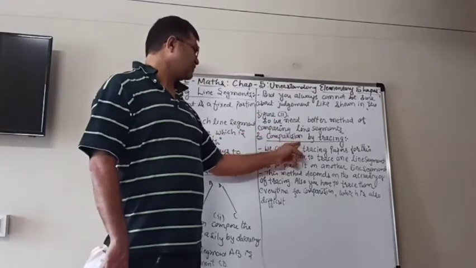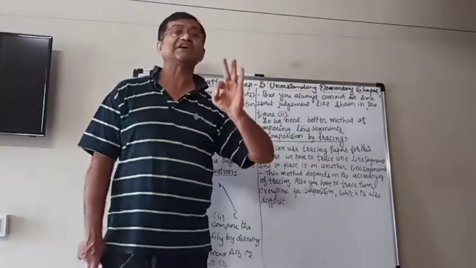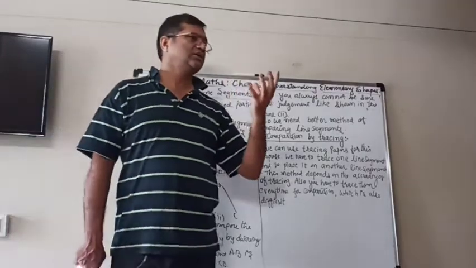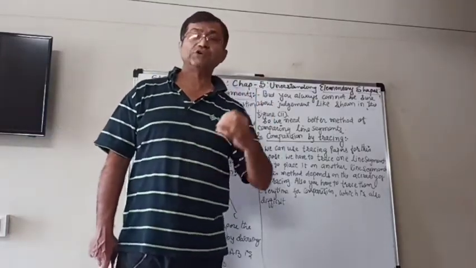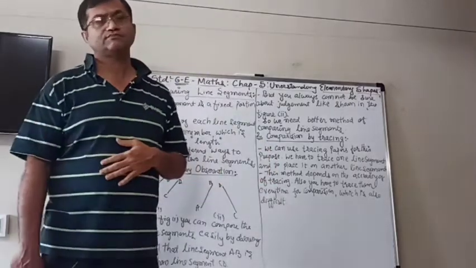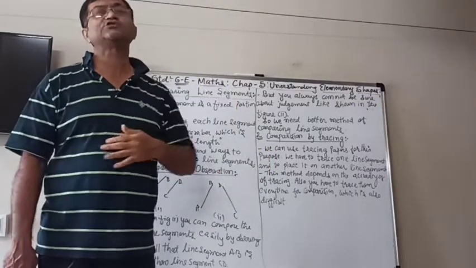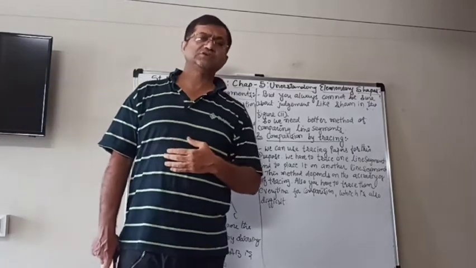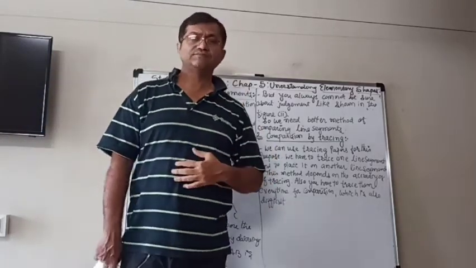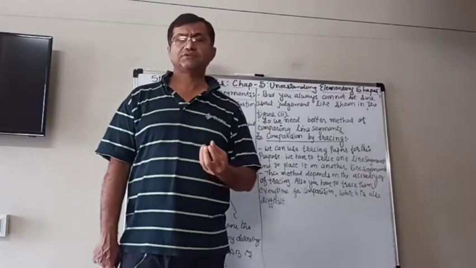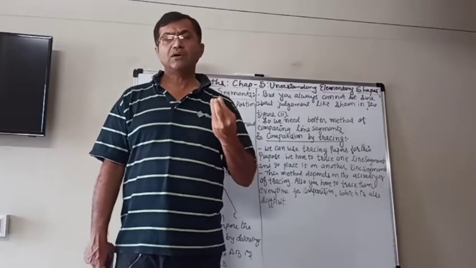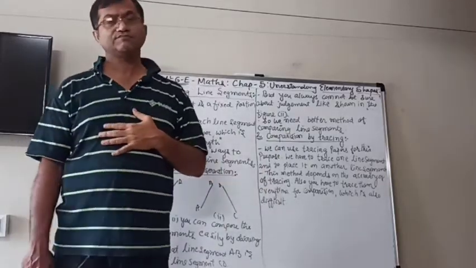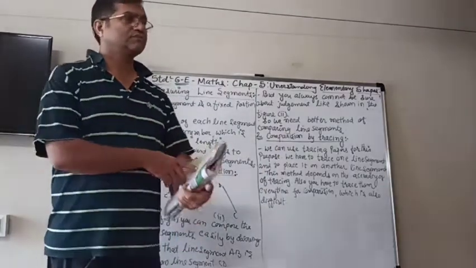The next method is comparison by tracing. You know that in drawing we use tracing paper. It is like a translucent paper which is used to copy figures. Now, if you want to compare two line segments, what do we have to do?